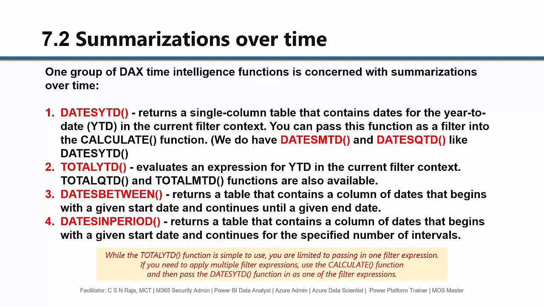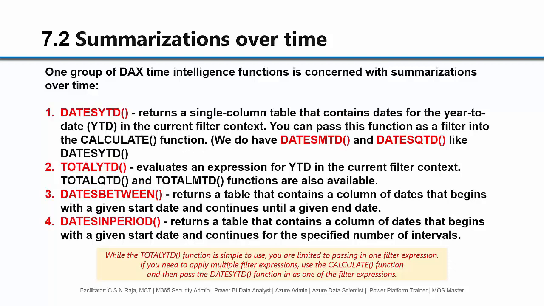We do have TOTALQTD and TOTALMTD functions. While the TOTALYTD function is simple to use, you are limited to passing in one filter expression. If you need to apply multiple filter expressions, use the CALCULATE function and then pass the DATESYTD function in as one of the filter expressions.